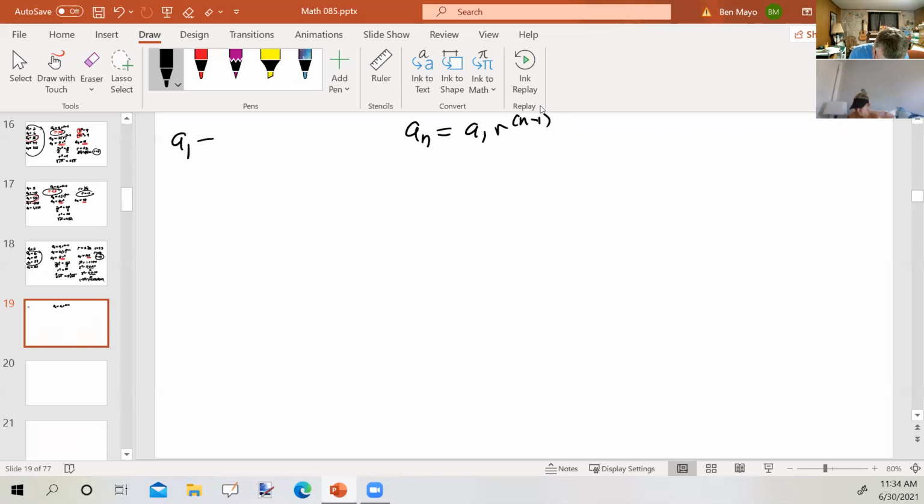So the first term is -64. We are to insert 3 geometric means. The last term is 1024. Okay, so I know the last term is the fifth term because I've got the first term, 3 geometric means, and then the last term.